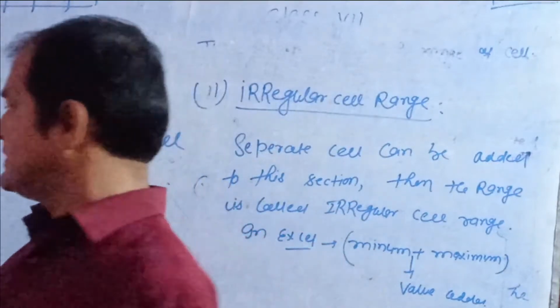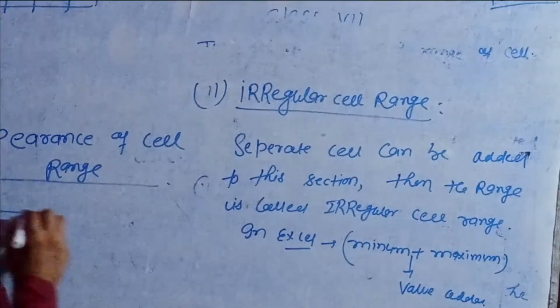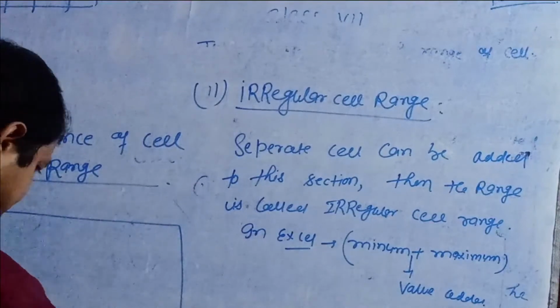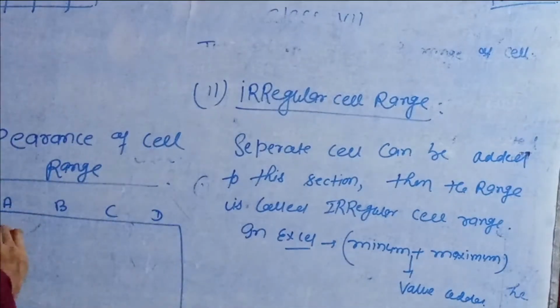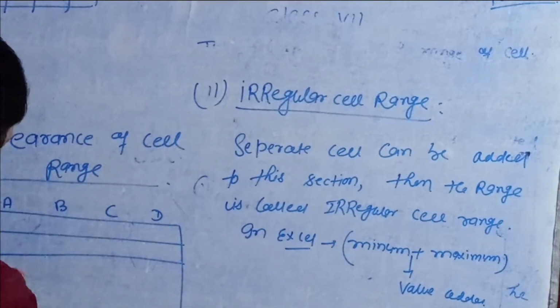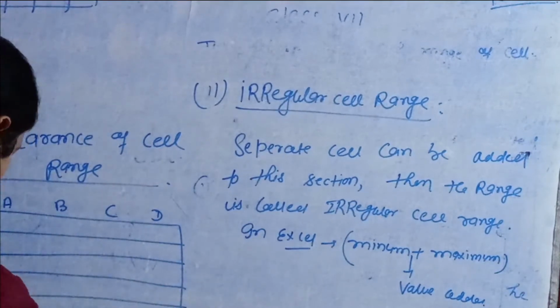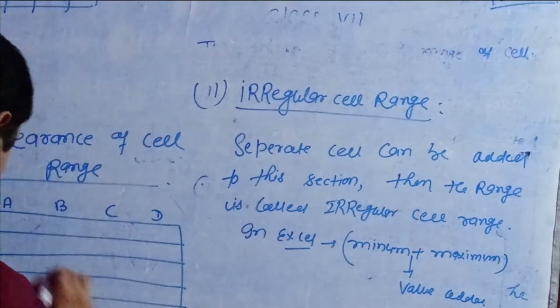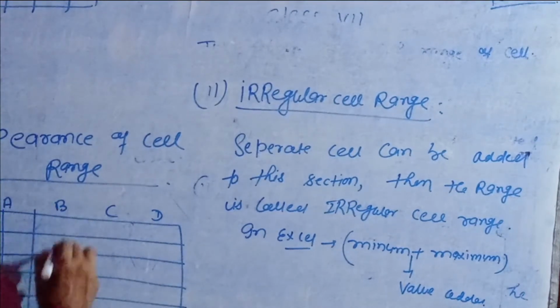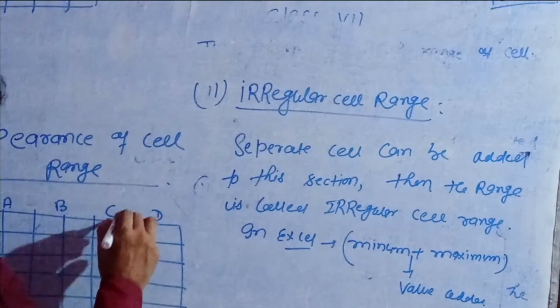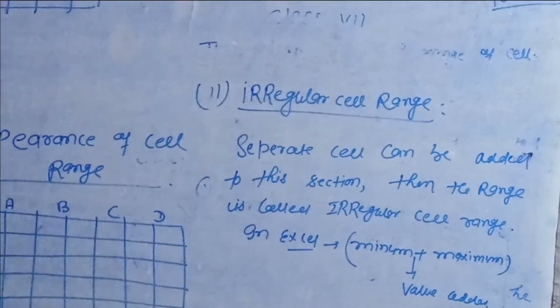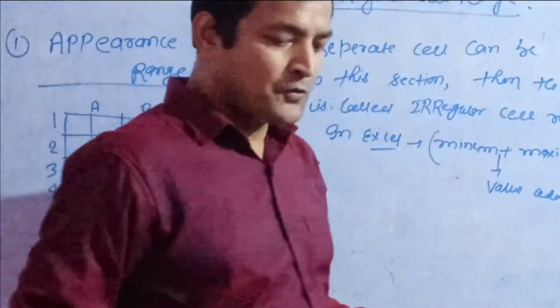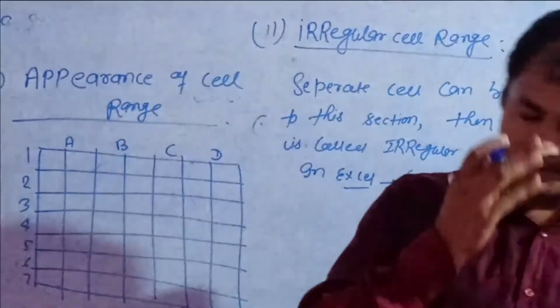Suppose this is the Excel worksheet, the spreadsheet, with columns A, B, C, D and rows 1 and so on. This is the Excel spreadsheet. What is the appearance of cell?